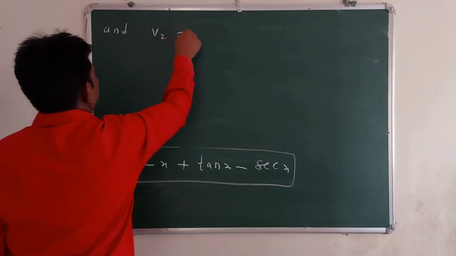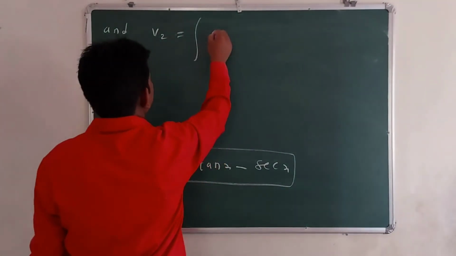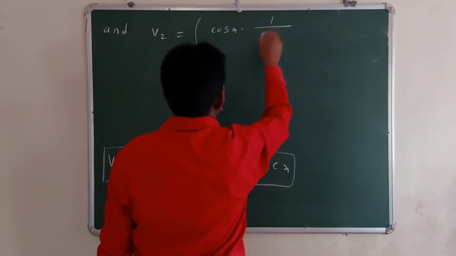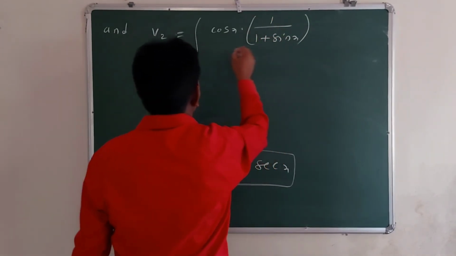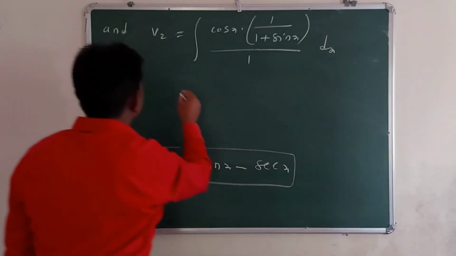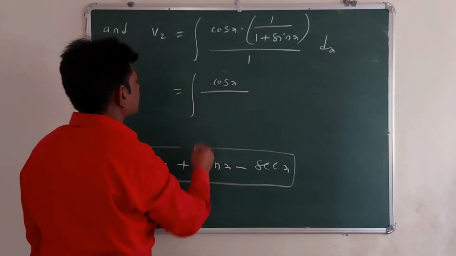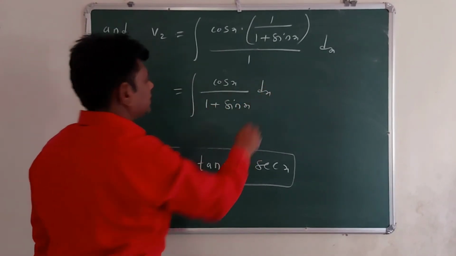V2 is equal to the integration of y1 times X. So y1 is cos x, times capital X, meaning the right hand side of the given problem, 1 upon 1 plus sin x, upon W, W is 1. Now this is equal to the integration of cos x upon 1 plus sin x.